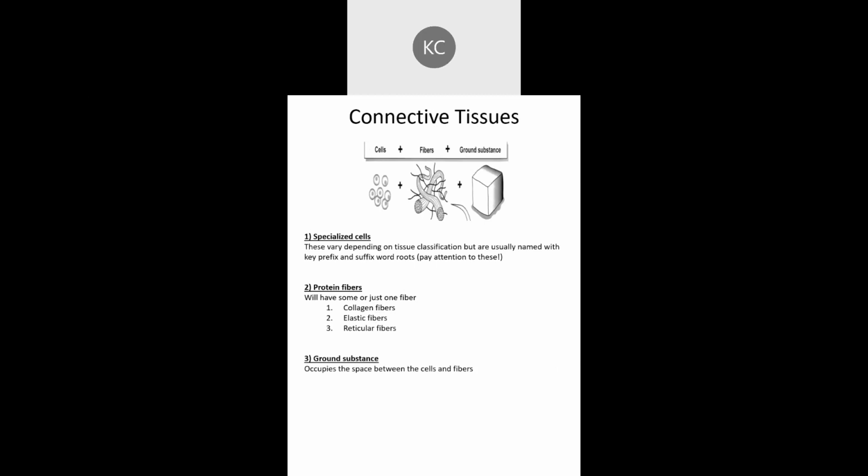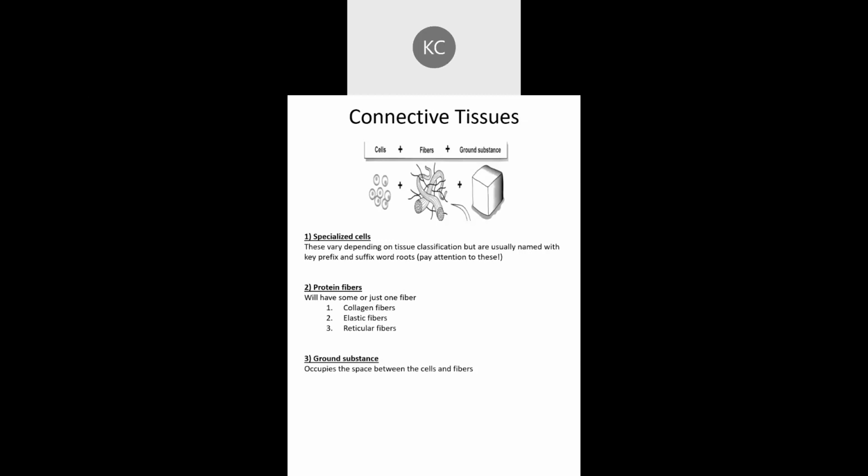We'll also use the term extracellular matrix, which is essentially everything that is not the cell. It's the protein fibers and the ground substance combined together.